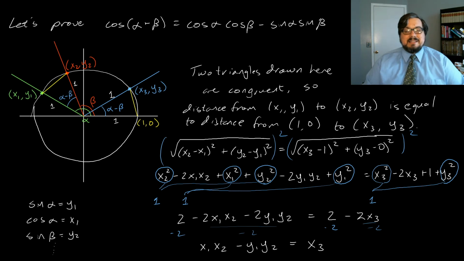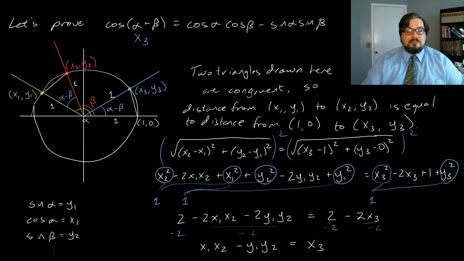But this exactly gives us the formula that we want, because let's go back up to the original formula that we were looking for. The cosine of alpha minus beta is precisely x3, because that's the x-coordinate of the point where the angle alpha minus beta in standard position passes through the unit circle.